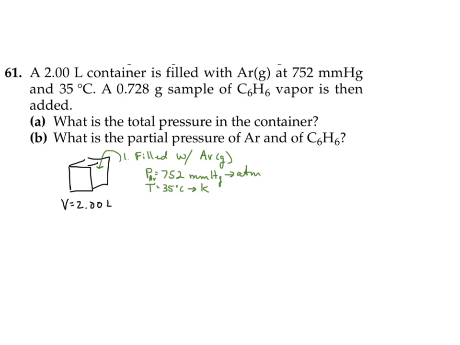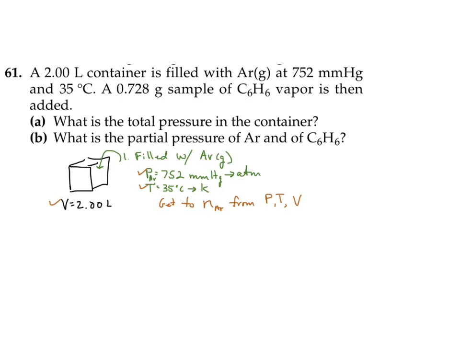And then, to me, the stepwise process was, they add benzene at that same temperature and pressure. So what I would suggest doing is first getting the number of moles of argon, the N sub argon.